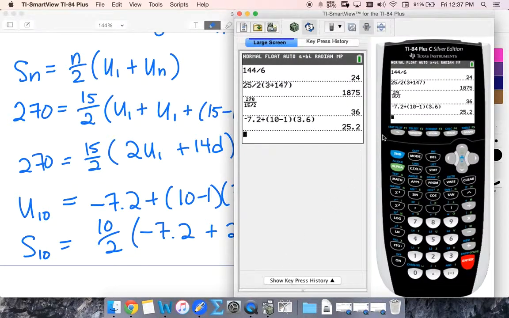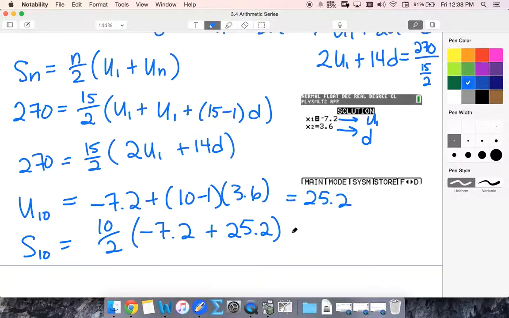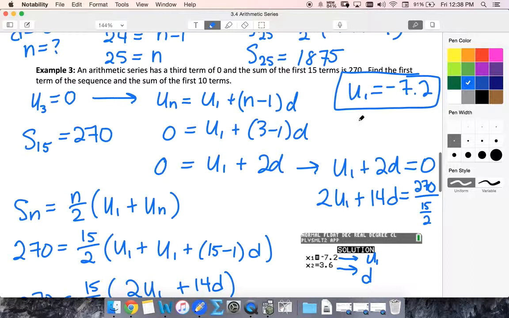So let's put it in. 10 divided by 2, of course, is 5, times negative 7.2 plus 25.2. I've got that there. And it's less than 270, so I'm feeling really good about the sum of the first 10 terms being 90. So S sub 10 is 90.